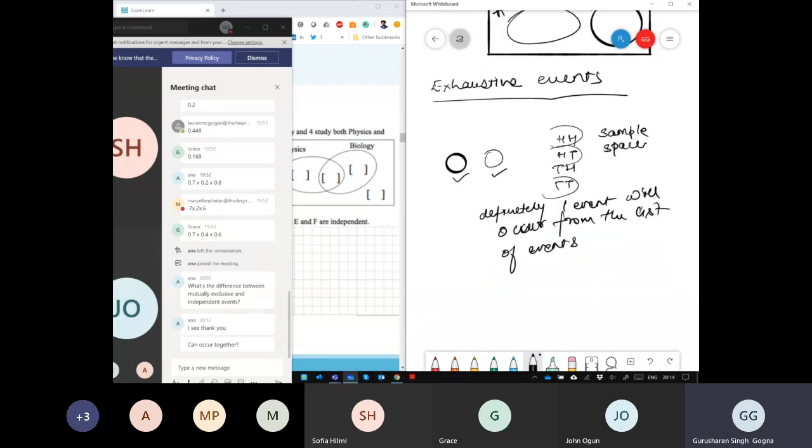So it's not related to whether they can occur together or they cannot occur together. It's a list of events basically. And from this list, one of the events will definitely occur, which means you cannot say the probability is 0. Okay, probability cannot be 0 in case of exhaustive events.